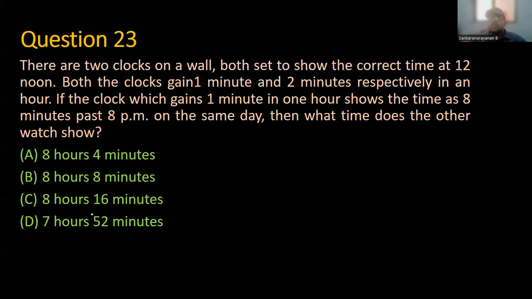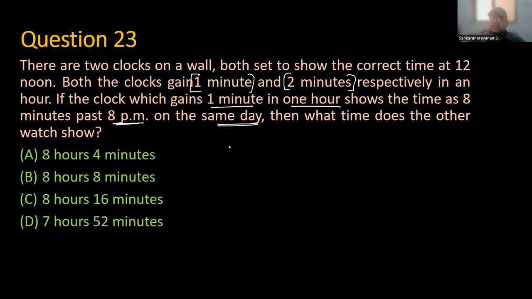There are 2 clocks on a wall, both set to show the correct time at 12 noon. Both the clocks gain 1 minute and 2 minutes respectively in 1 hour. If the clock which gains 1 minute in 1 hour shows the time as 8 minutes past 8 p.m. the same day, then what time does the other watch show?